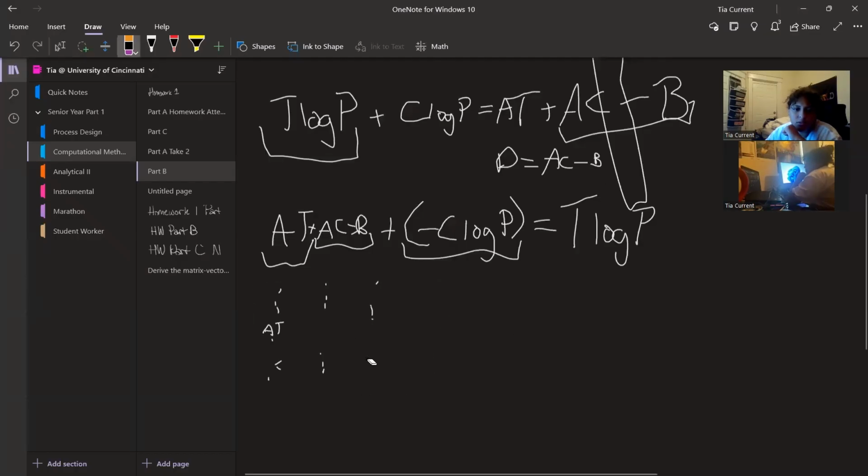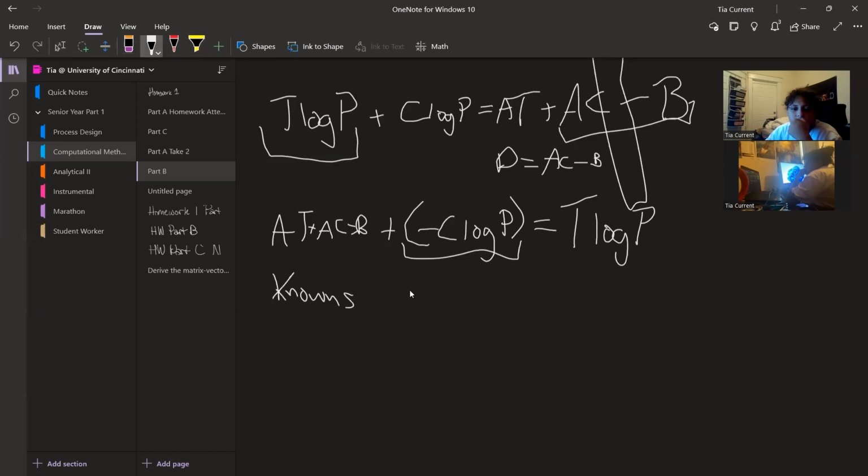Oh, silly goofy of me. We need to break it into our knowns, unknowns, and then this transposed T log P. But our unknowns are A, C, and then D because we have this set up right here.